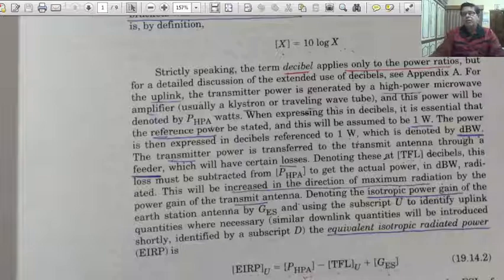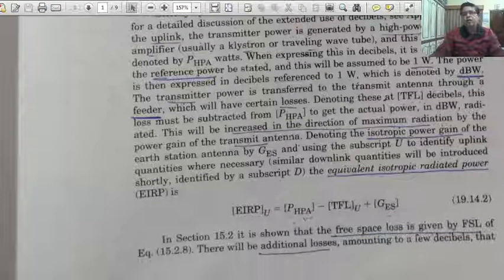There are a few factors relating to these losses. This loss must be subtracted from PHA to get the actual power radiated in dBW.